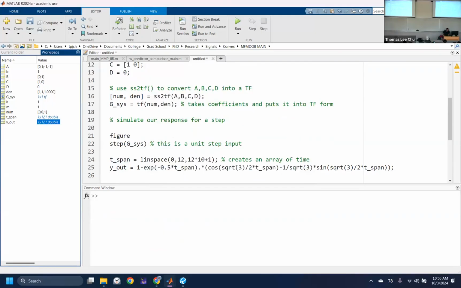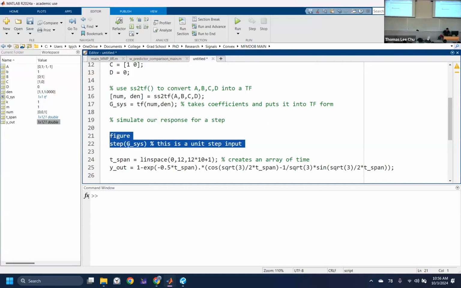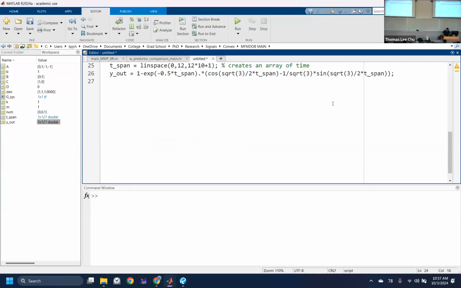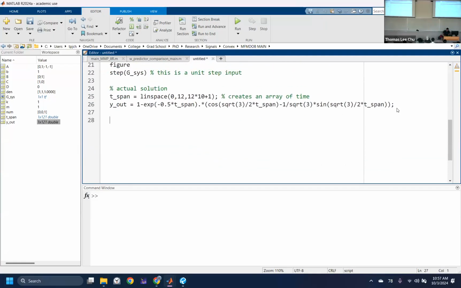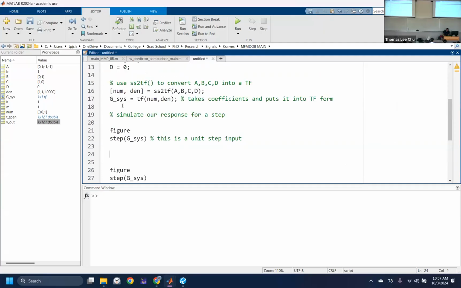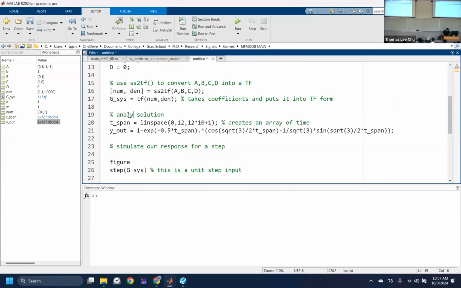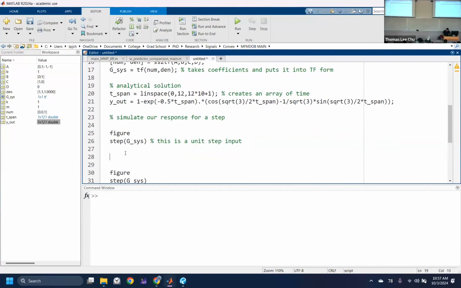All right. This is our actual solution, and let's compare it. I really hope it lines up. Let's try this again: figure, step, gsys. Actually, we'll just put the actual solution above this. So this is our analytical solution, and then let's plot this out.